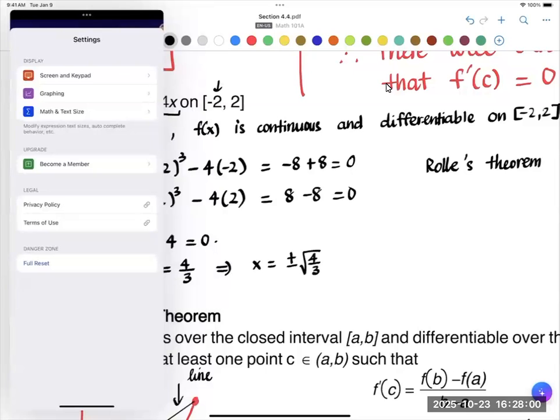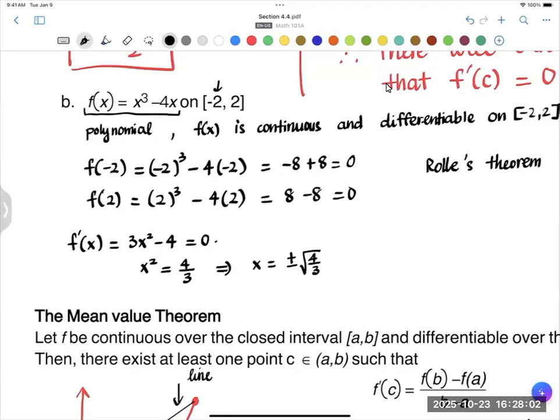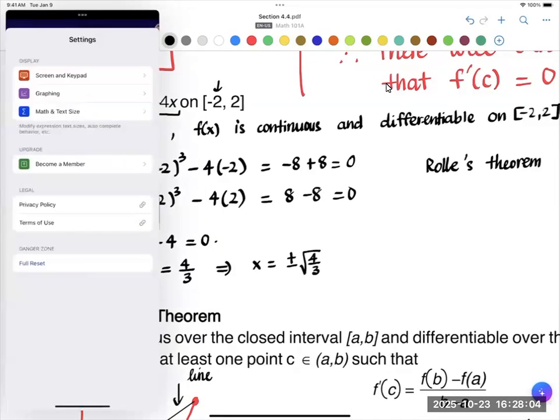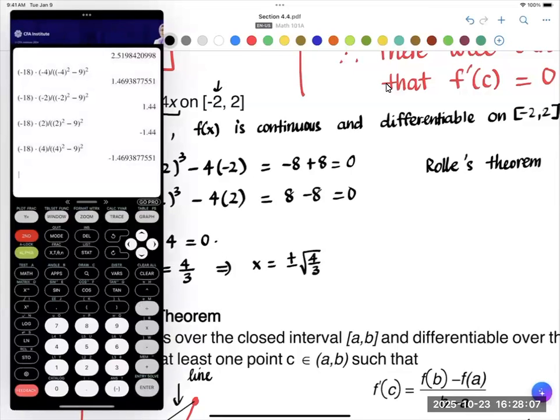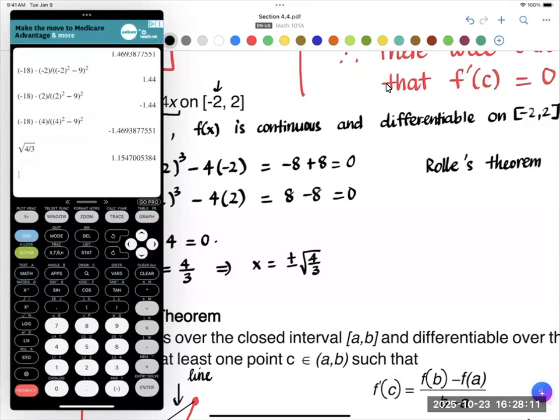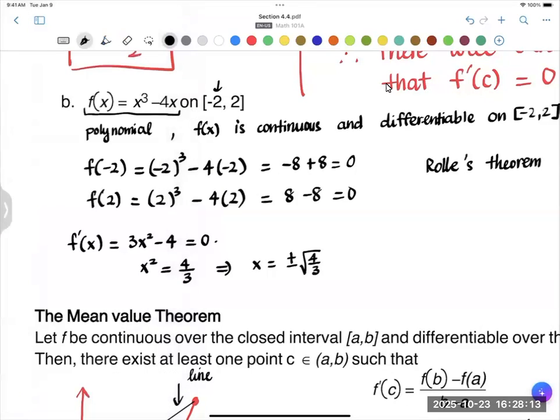So you can check the results. Square root of 4 over 3 is actually about 1.2, right? So -1.2 and 1.2 actually fall between -2 and 2 because Rolle theorem applies.